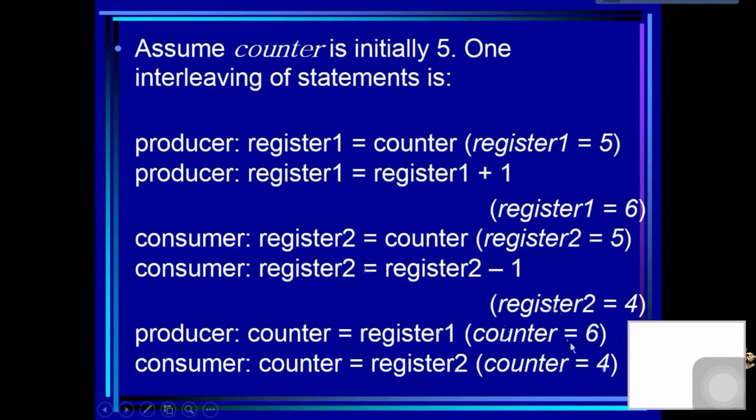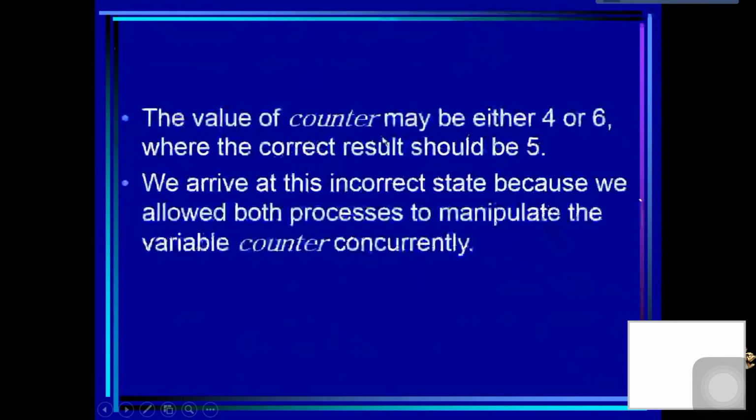No matter whether counter equals 6 or 4, we know that the correct value is 5. So the value of counter will be either 4 or 6, while the correct result should be 5.